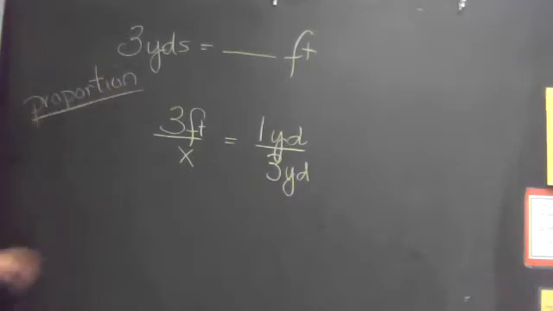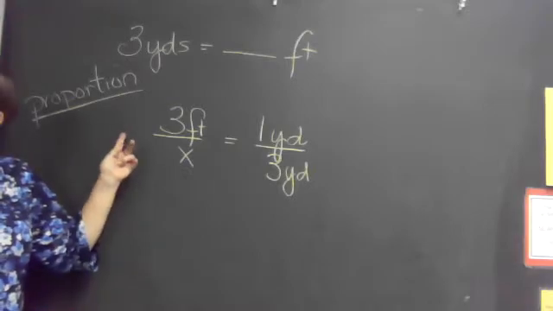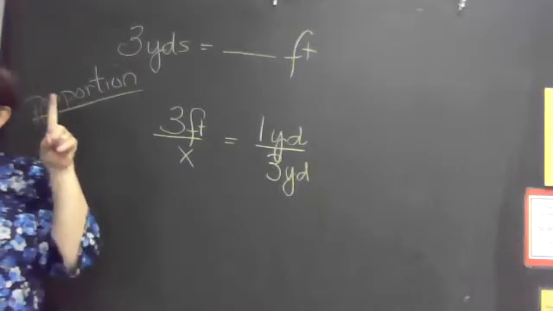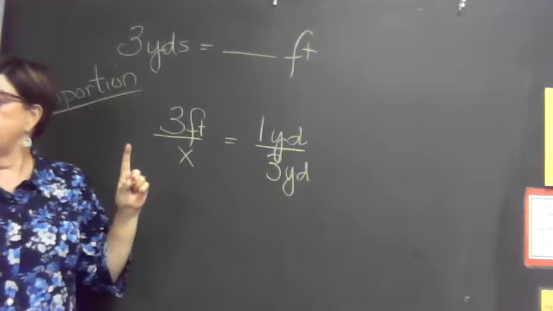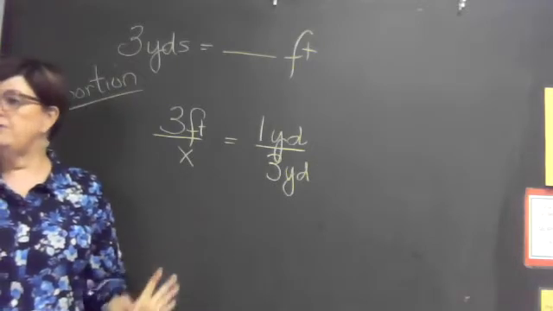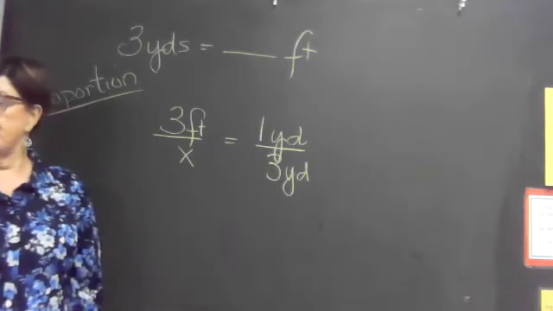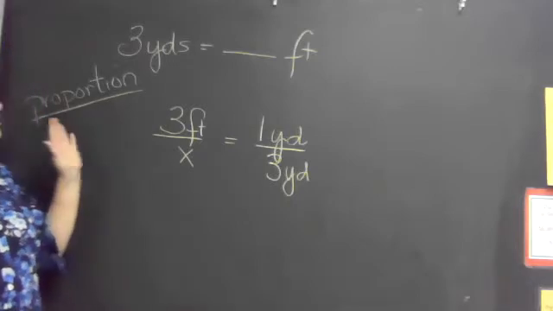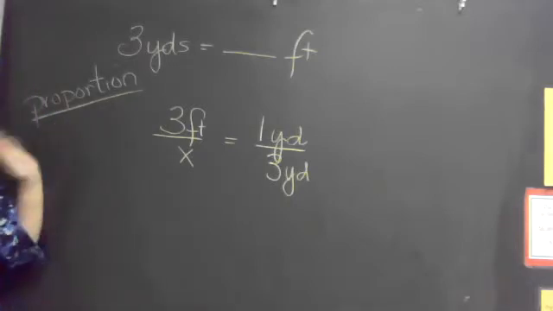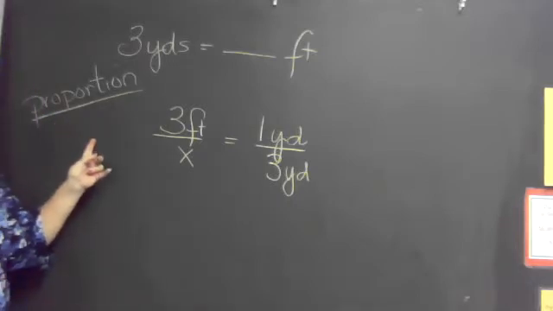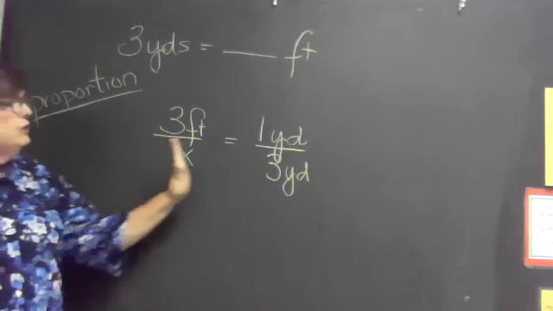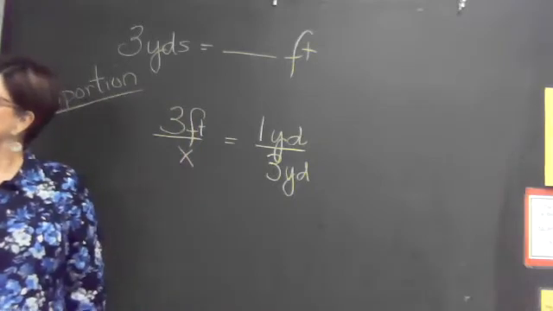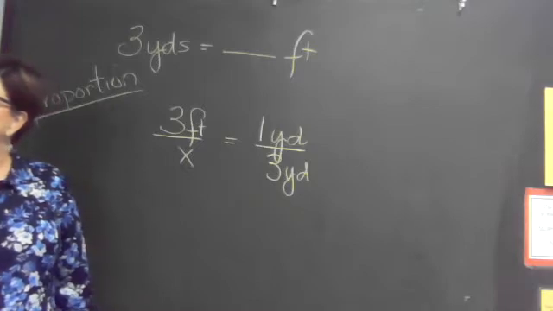A proportion, the definition of proportion is 1 fraction equal to 1 fraction. If there's any extra stuff, it's not a proportion anymore. The reason that this is so important is because you're going to be using proportions a lot later. And so this is a really good introduction to proportions, okay?